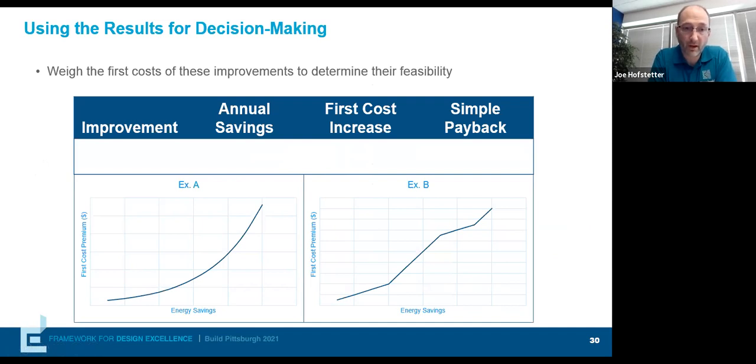So when we do apply cost to some of these items, I think this is some of the other results that we'll see: we can compare our first cost to our energy savings of those incremental or parametric runs, if you will. And this is pretty similar to what we often see, where, for example, in graph A here, we've got very much of an exponential curve where we're going to get a lot of bang for our buck, if you will, at the lower end of this curve.